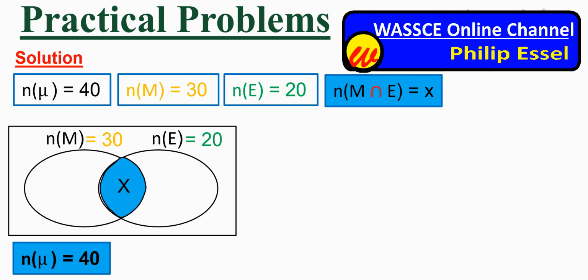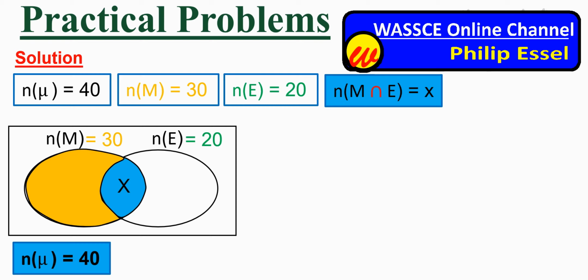Now, the entire size of the circle M is equal to 30. So what do you think will be the size of this section of the circle? Well, to get the size of that section of the circle M, all you need to do is subtract the blue portion, the X, from the 30.